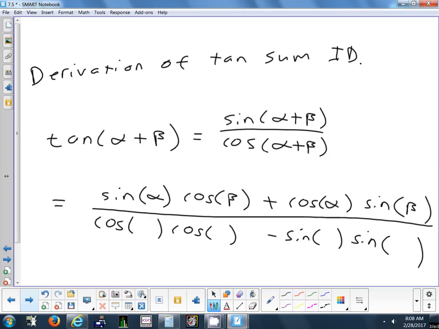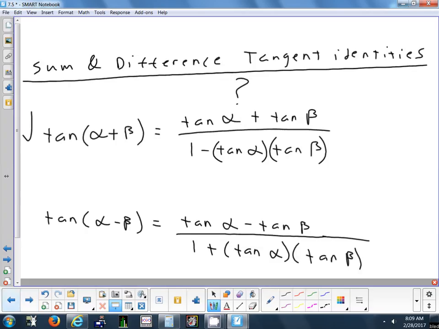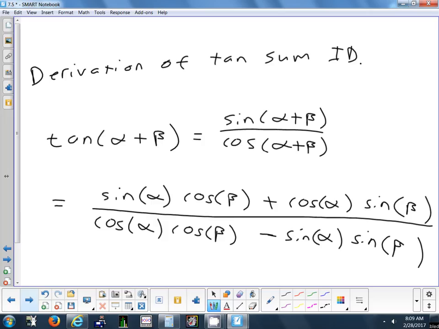Yeah, so it's cosine, cosine, sine, sine. And with the cosine identity, if it's addition, you put a minus in the middle. So alpha, beta, alpha, beta. Any questions on that? But that still doesn't look like what's below the question mark. They are the same thing, but there's a little work to get that to look like the other thing.